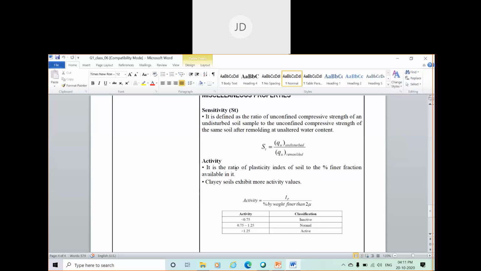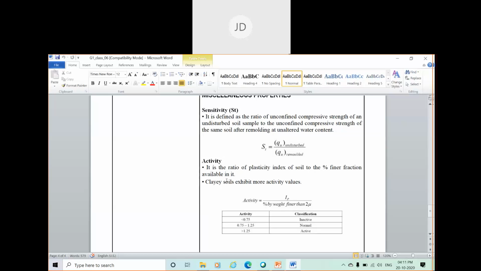Now, activity is defined as the ratio of plasticity index of the soil to the percentage finer fraction available in the soil. It is denoted by Ac, small a with suffix c.